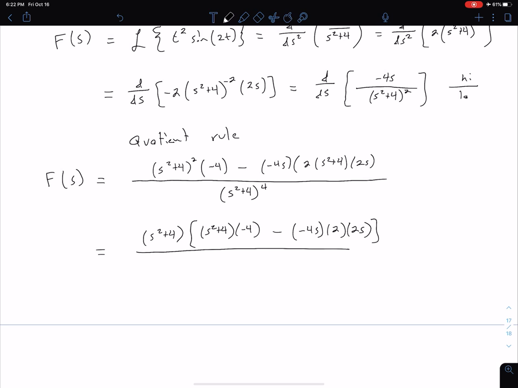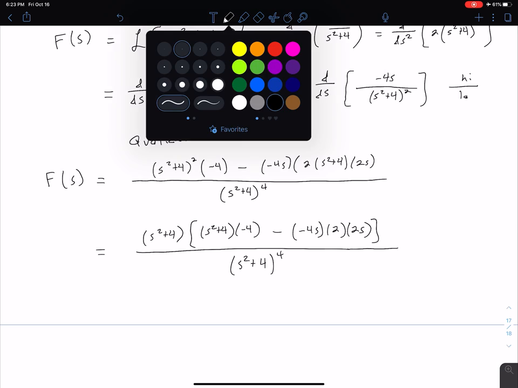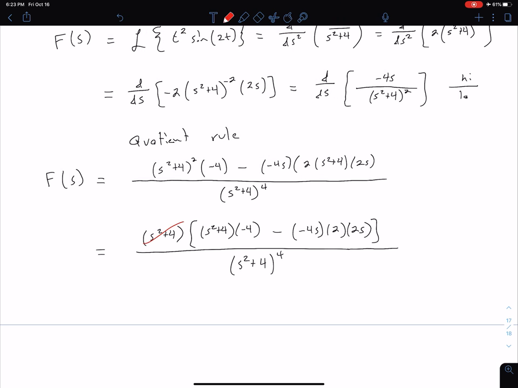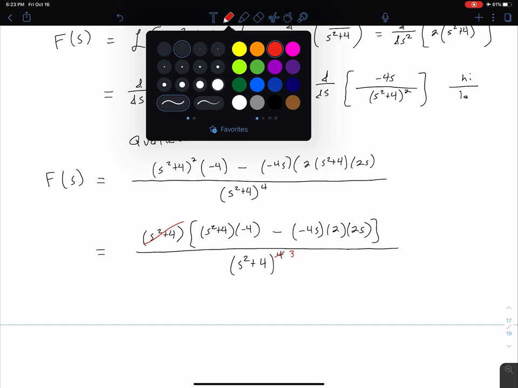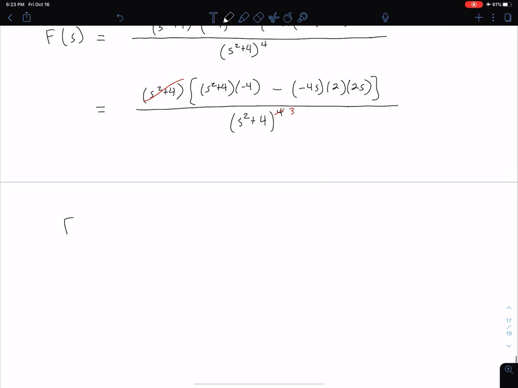We've not done anything with our denominator yet, so that's still (s squared plus 4) to the power of 4. We can cancel this s squared plus 4 with one of those in the denominator, so this becomes (s squared plus 4) quantity cubed in the denominator. Collecting terms in the numerator, the Laplace transform of that function is equal to 12s squared minus 16 divided by (s squared plus 4) quantity cubed.